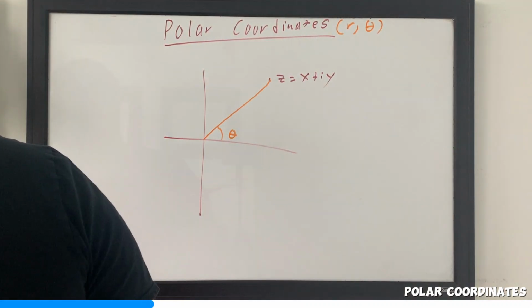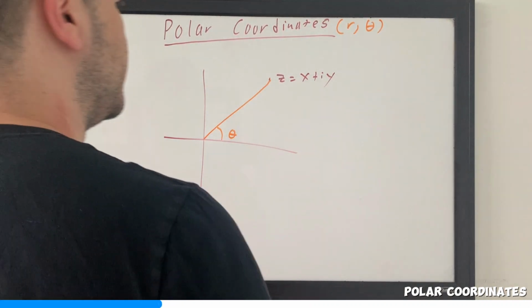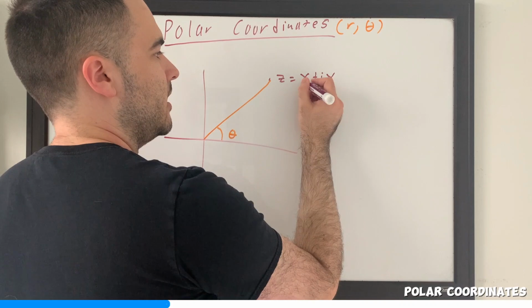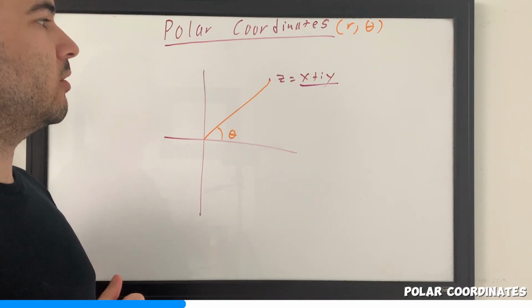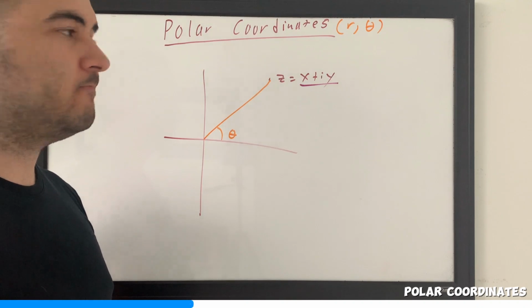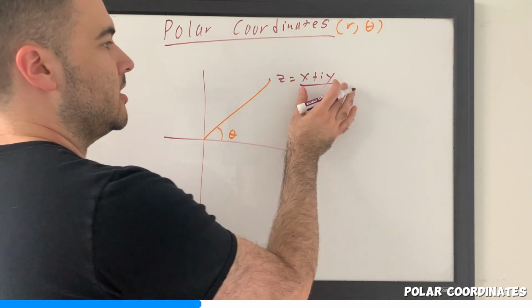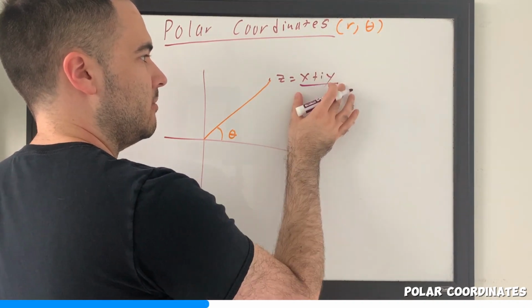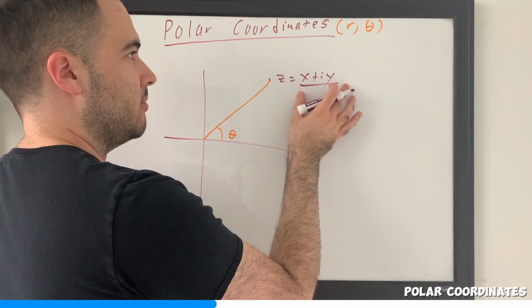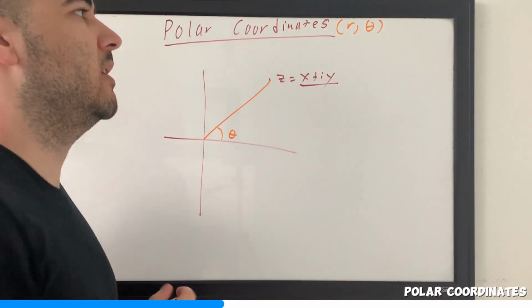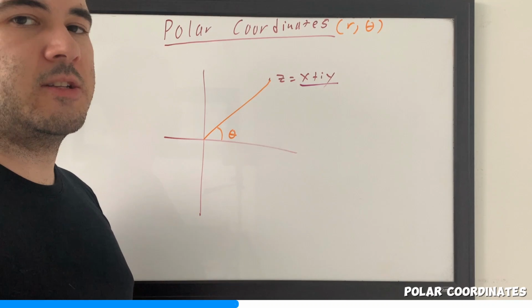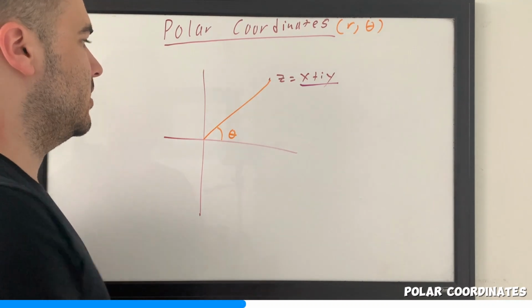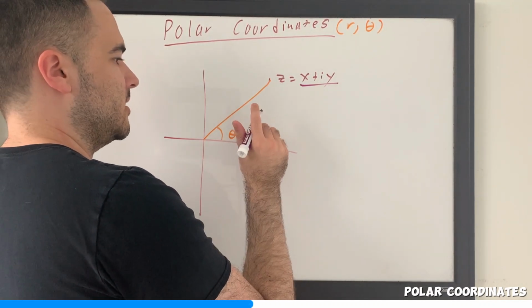So, when we want to try to convert z in standard coordinates to polar coordinates, this is how we do it. We need to change it so that x plus I times y can be rewritten to involve its radius, its distance from the origin, and theta. So let's start by figuring out what the radius is.